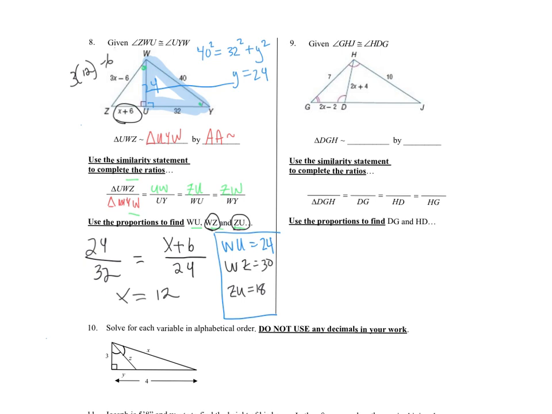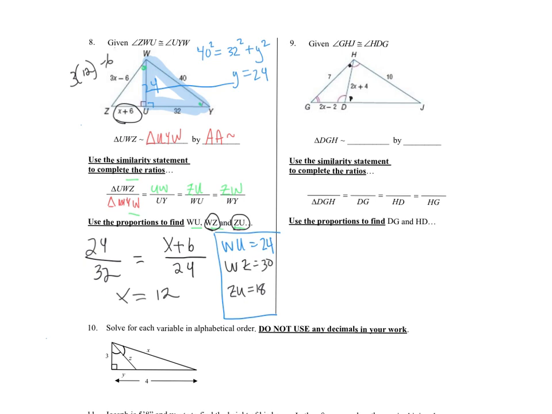If we look at the next one over here, number 9, we are told that, excuse me, angle GHJ right here is congruent to angle HDG, which is this angle here.